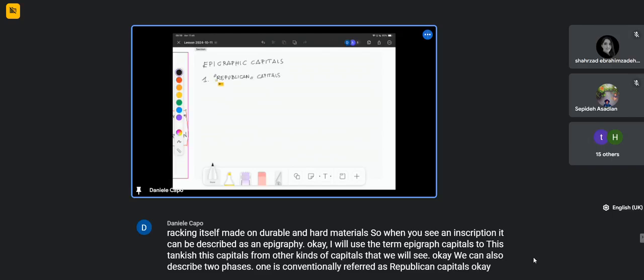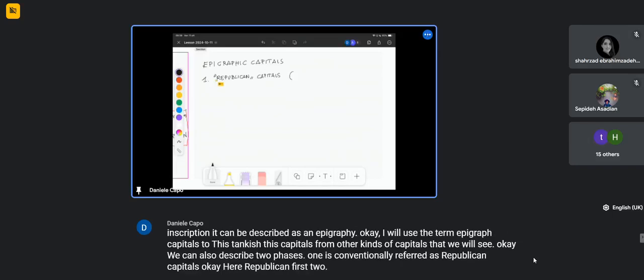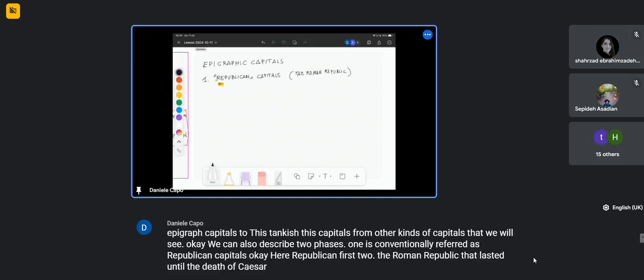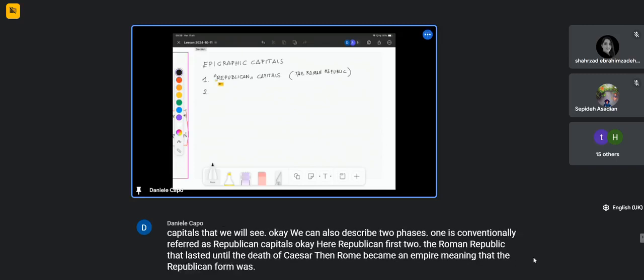Here, Republican refers to the Roman Republic, that lasted until the death of Caesar. Then Rome became an empire, meaning that the Republican form was substituted by an emperor.